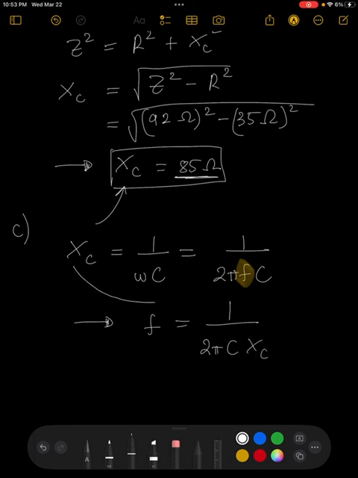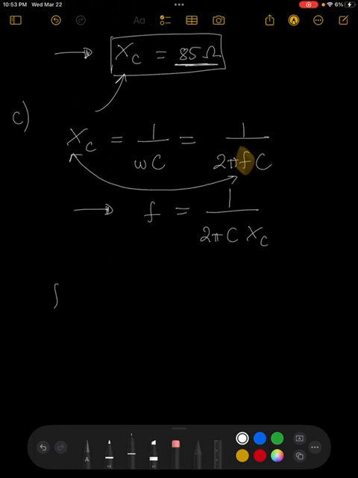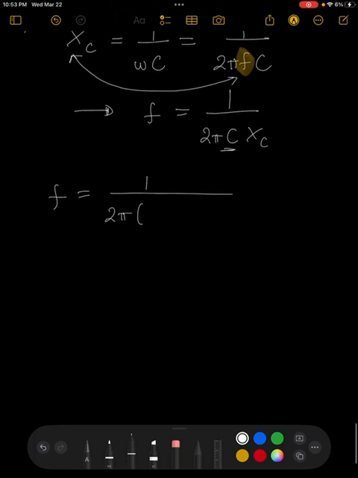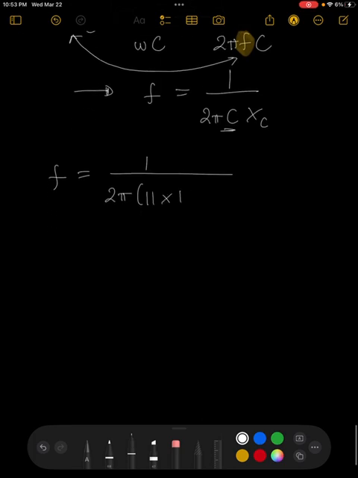Just switch their positions. Your f would be 1 over 2 pi, times your C, which is 11 times 10 to the minus 6 farad, multiplied by XC, which is 85 ohms that we found earlier. You get your frequency of 170 hertz.